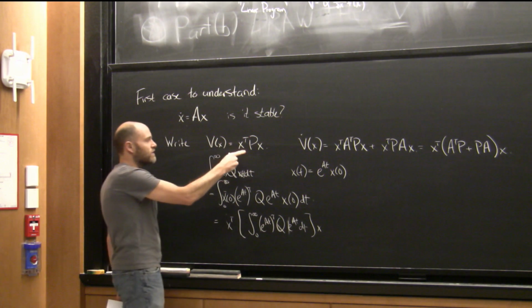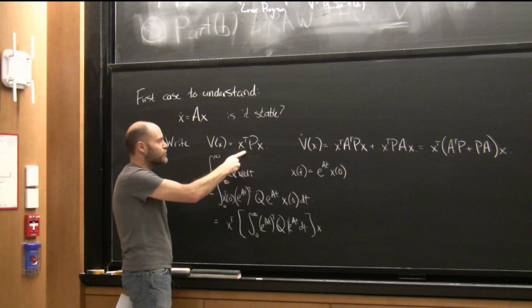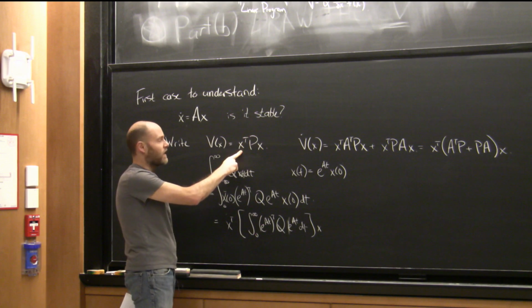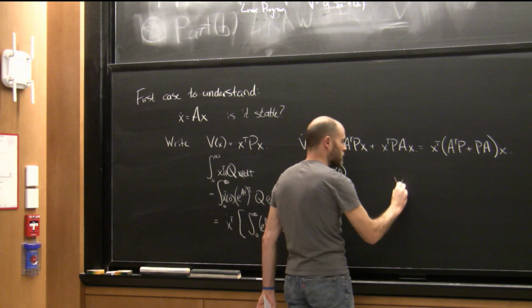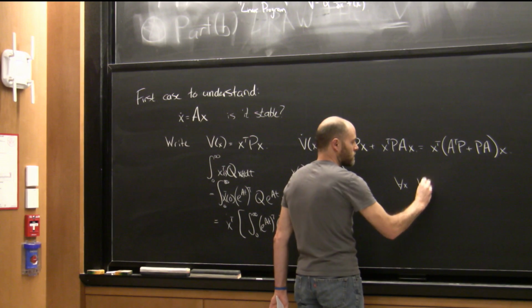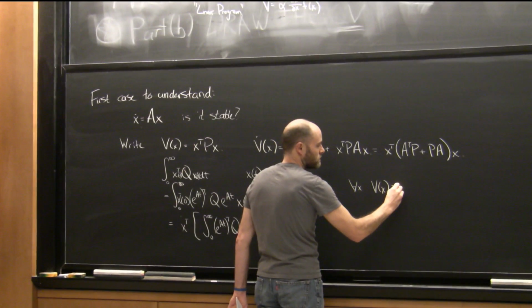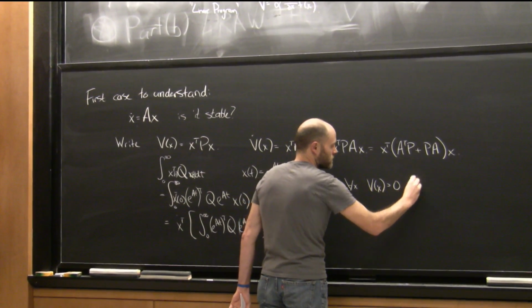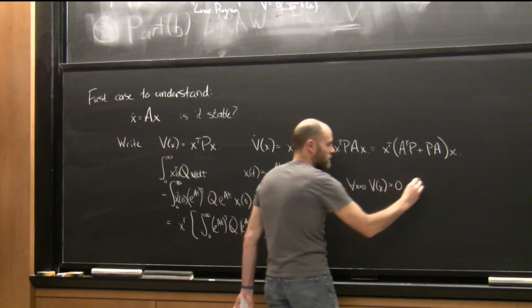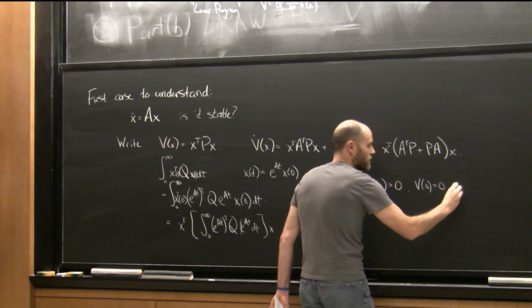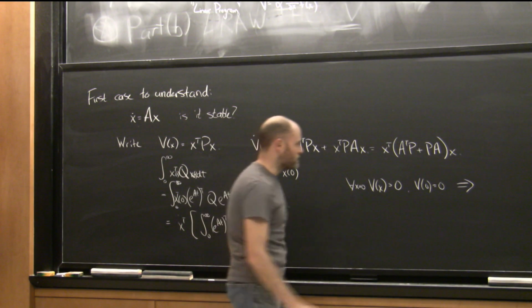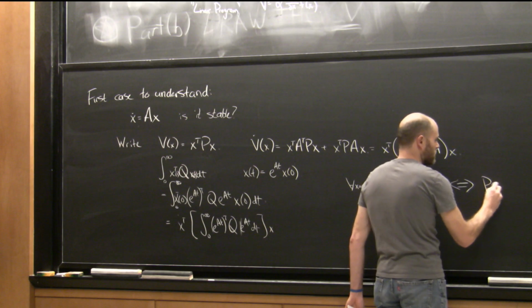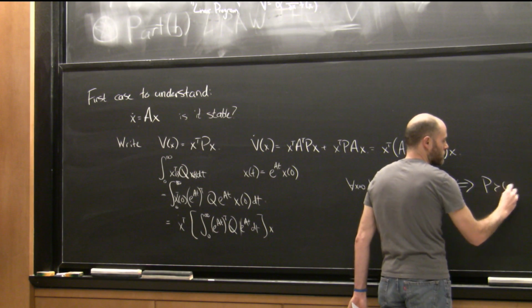So how can I, for all x, check that this V is positive? If I want to satisfy that for all x, it's exactly equivalent to P being positive definite.